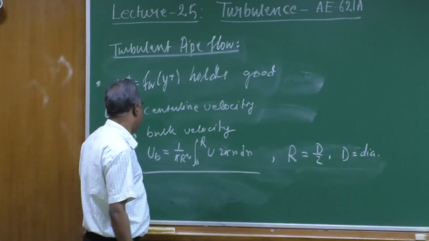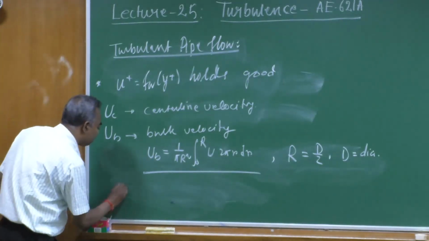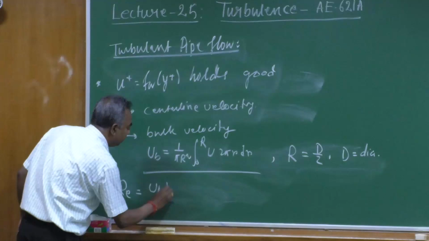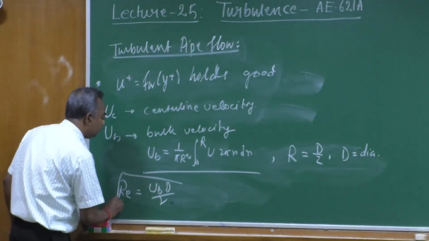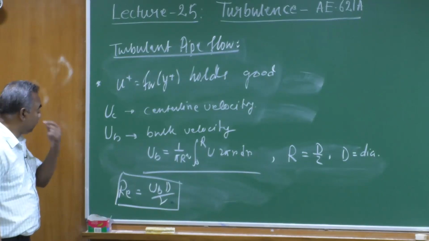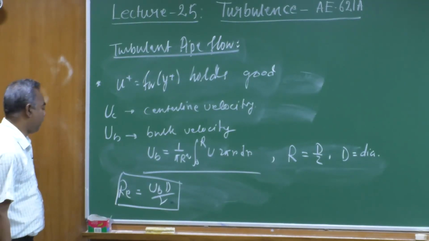This is the bulk velocity, and the Reynolds number is defined as bulk velocity times D by nu. This is the way we define the Reynolds number for a pipe flow.